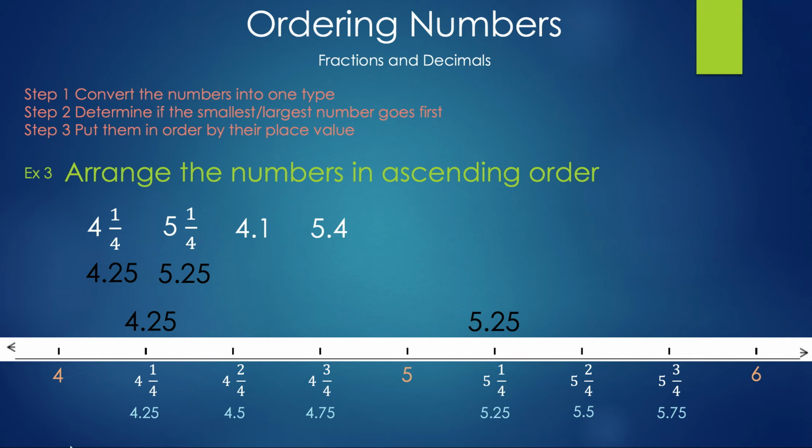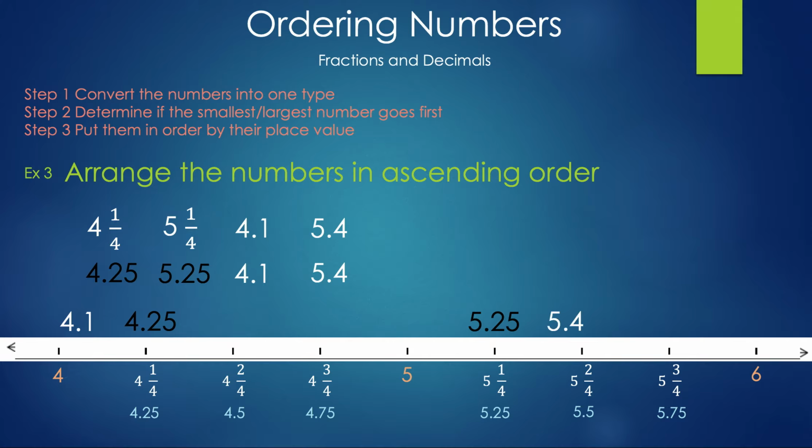Where exactly is that? Well, it's in between 4 and 4.25. So we can place it on the number line right about there. And then 5.4, it's not on the number line once again, but we know it's in between 5.25 and 5.5. So let's place it about there.